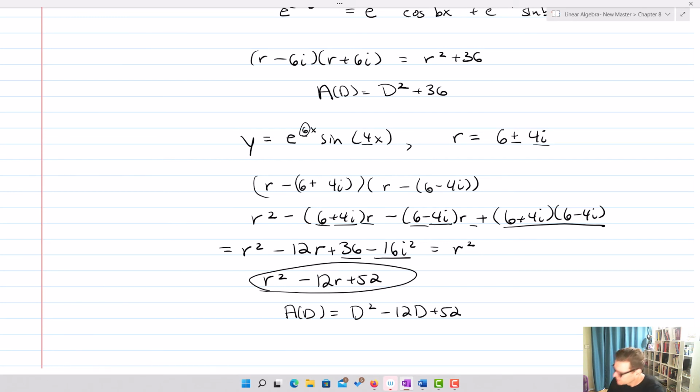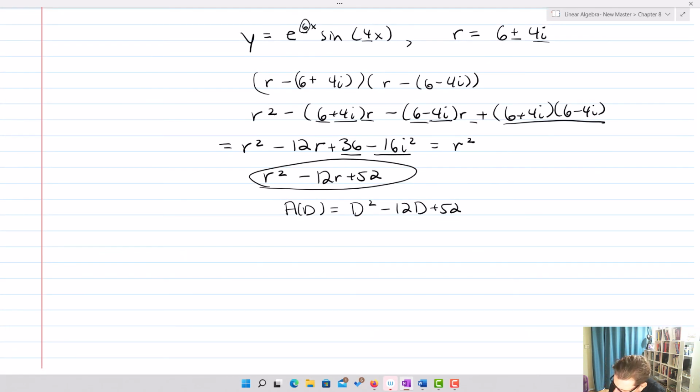Let's do one more. Let's say, for example, I now have y equals e to the negative 2x sine 3x plus e to the negative 2x cosine 3x. Notice in this case that the power of e is the same, and the coefficient in front of the cosine and sine argument is the same as well.